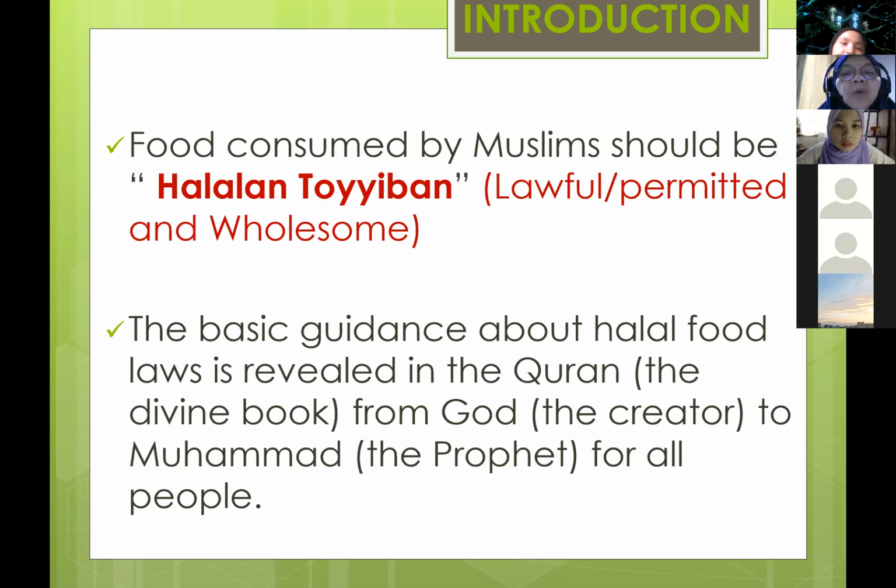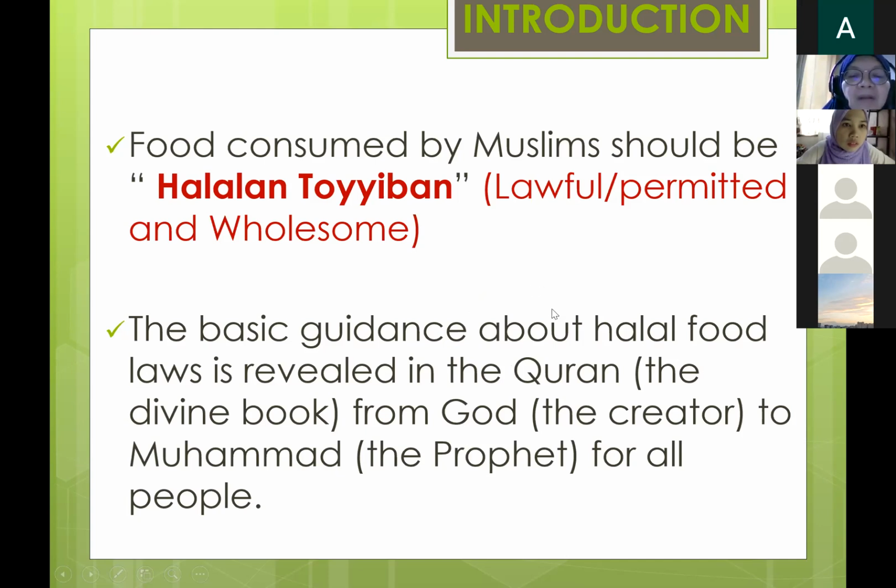So we base our rules and regulations on the Quran and also on Hadith. Hadith is based on the Sunnah of Muhammad, peace be upon him, the last prophet.